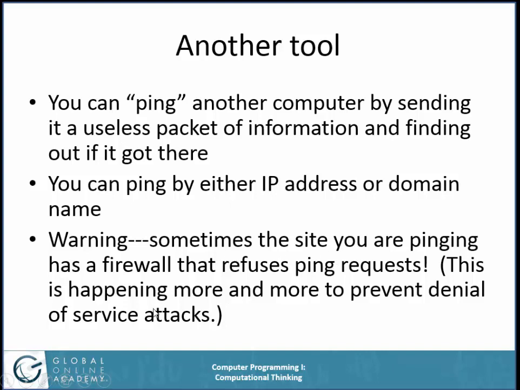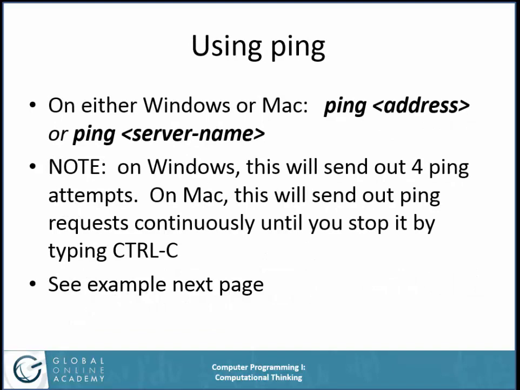More and more people are blocking ping requests to prevent a denial of service attack, where millions of computers ping the same server at the same time and it gets so bogged down it can't get anything done. A lot more places should do that, but a lot of them haven't. So, to use ping on either Windows or the Mac, you type ping and an address, or ping and a server name.